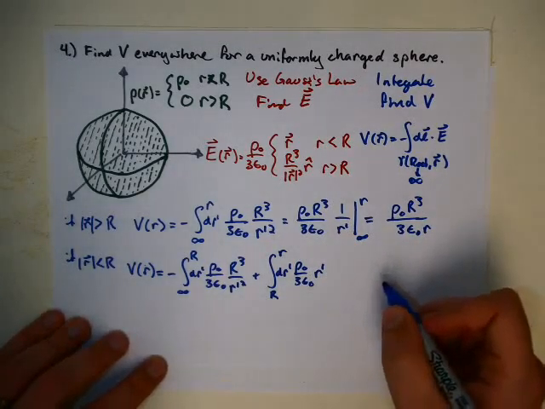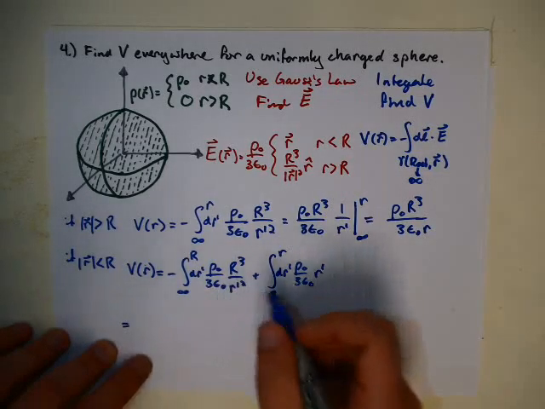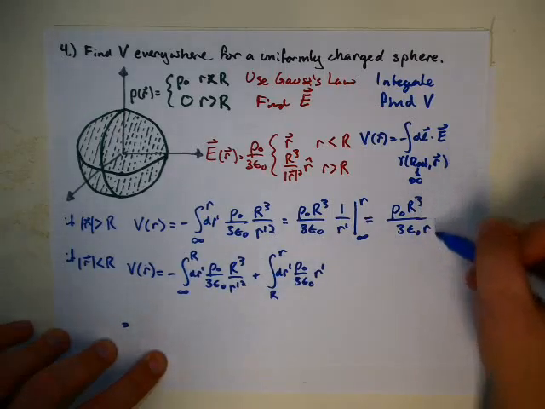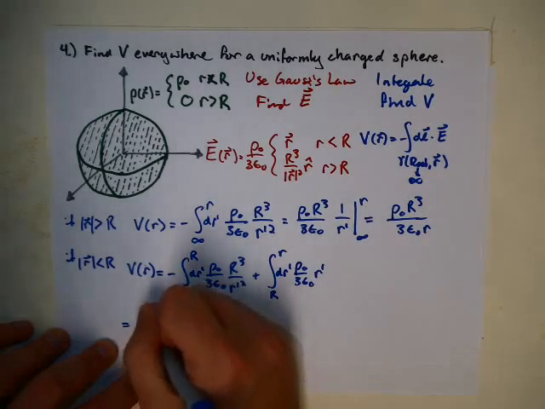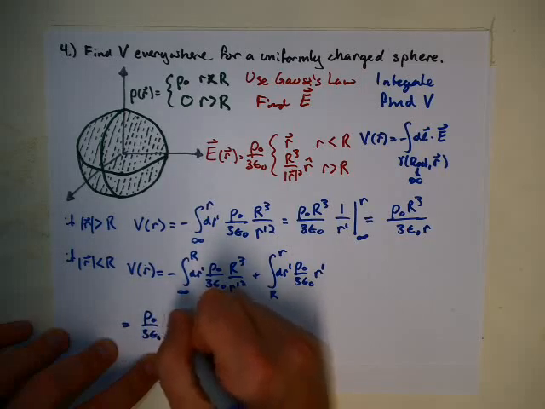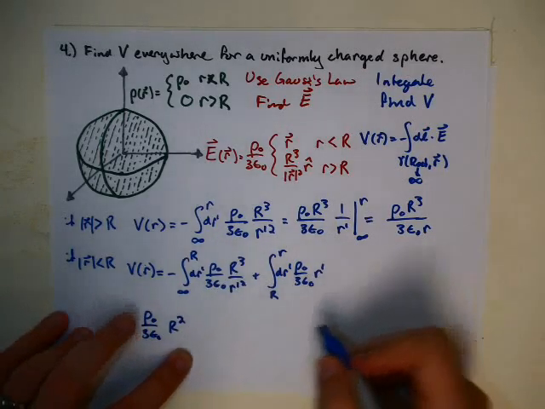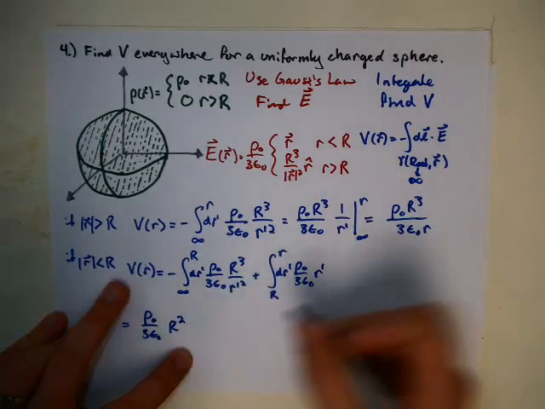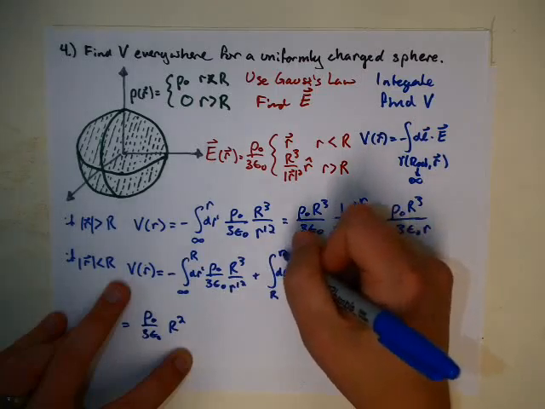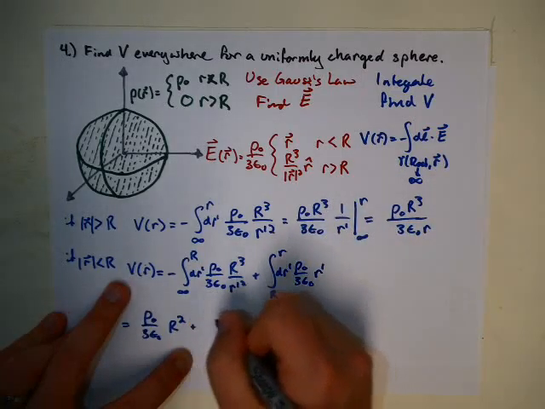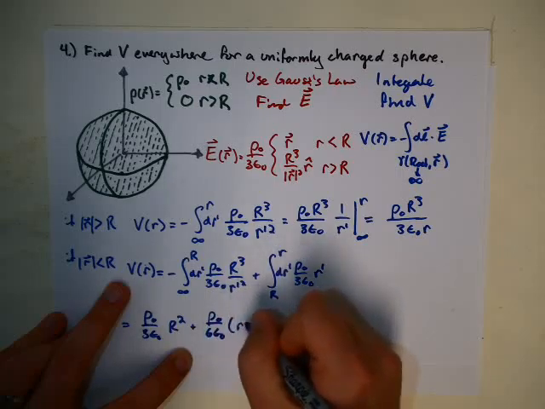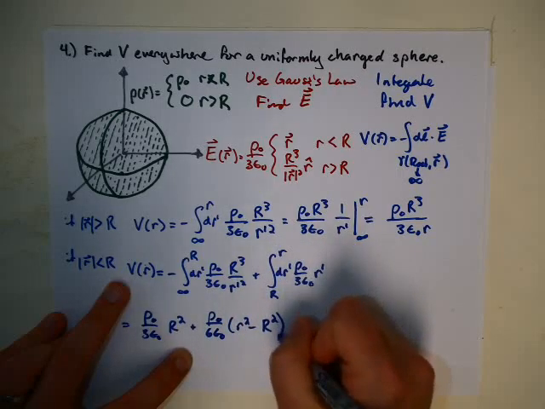The first integral is fairly simple. It's just going to be that evaluated at capital R, so R cubed over R will be R squared. So it'll be rho naught over 3 epsilon naught R squared. For the second integral, we're going to get a 1/2 r squared evaluated at that point minus that point. So plus rho naught over 6 epsilon naught, r squared minus capital R squared.